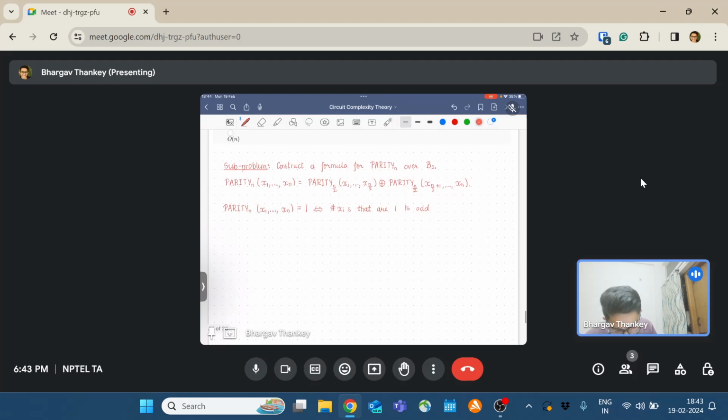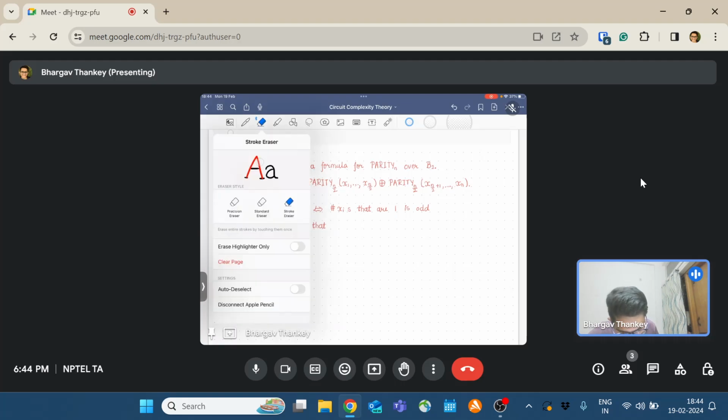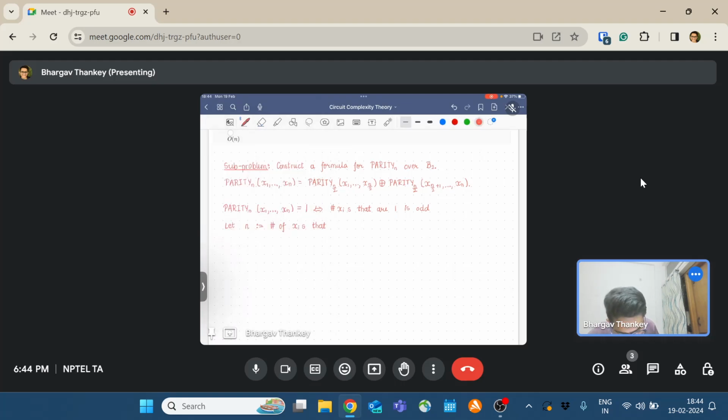Let N1 be the number of xi's that are 1 in 1 to n over 2, and N2 is the number of xi's that are 1 in n over 2 plus 1 to n.